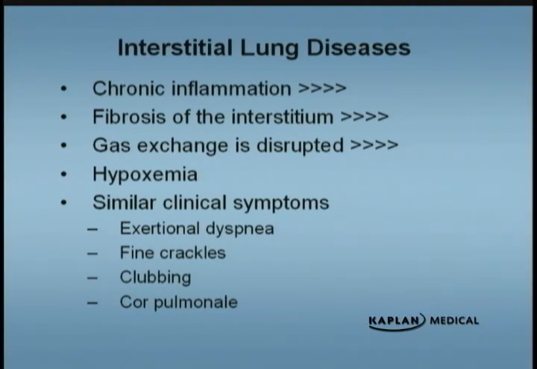You may see clubbing in their fingers, and you may have evidence of cor pulmonale, right-sided heart failure, if the pulmonary disease has been extensive. All the interstitial lung diseases share this. They have the same presentation. There is no difference, and there's really no way to tell the difference just on presentation.